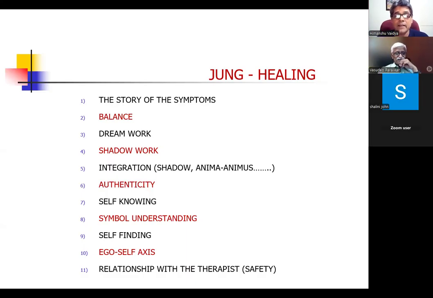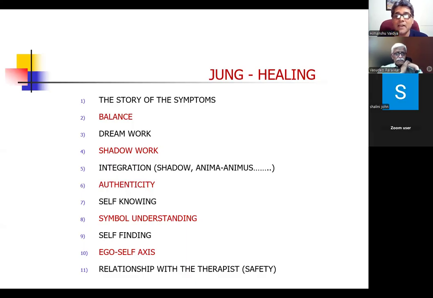So you are very right, and this is not only true in Jungian therapy, but even more true in existential psychotherapy. When you ask the patient to be authentic, do you have the courage to be authentic? So the paradox here is, in DSM terms, we have a name called adjustment disorder.